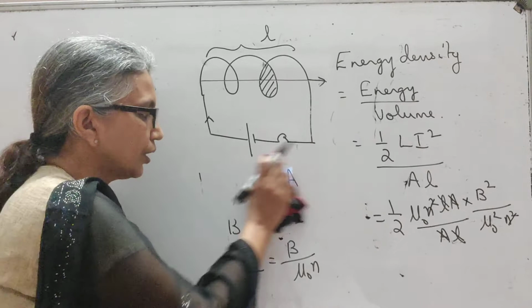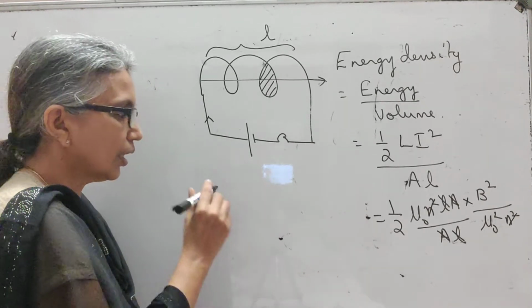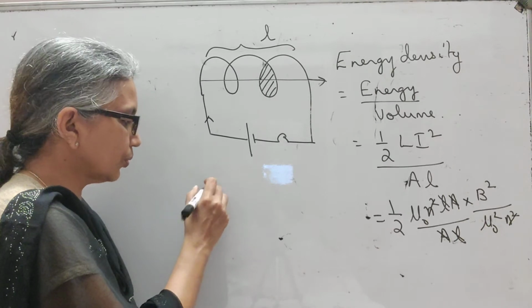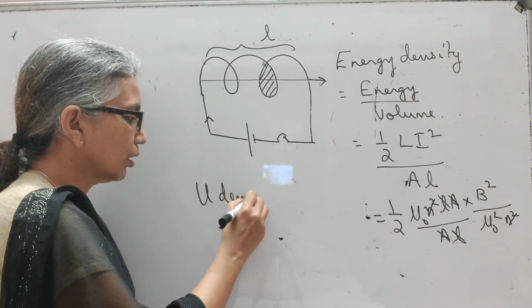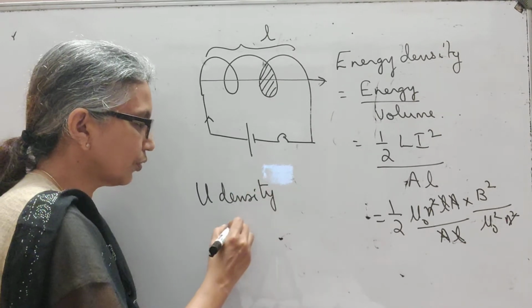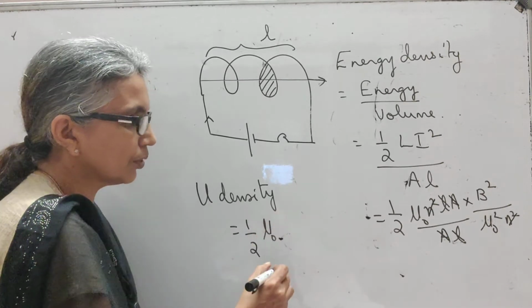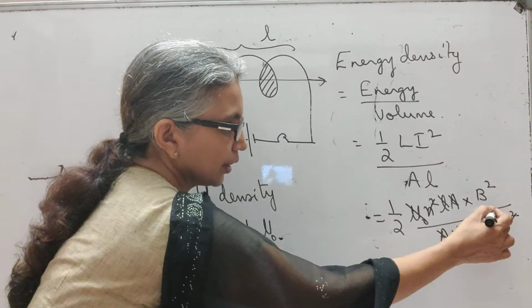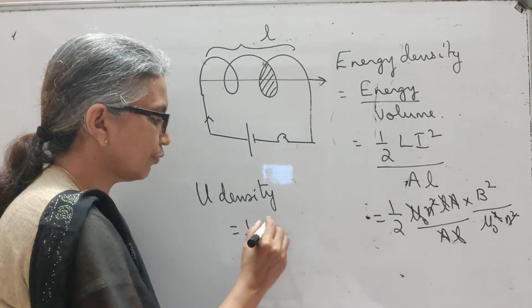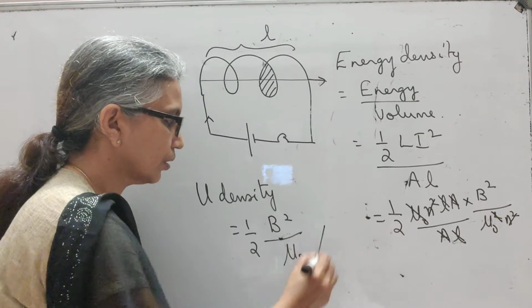And I have energy density, that is the energy stored in unit volume, equal to half, and the mu 0 here and this will get cancelled. So we have half B square by mu 0.